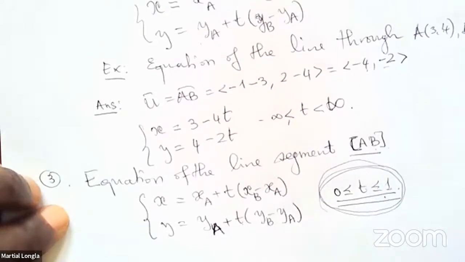Now, in general, for any other curve, you might be asked to find the parametric equations or to exclude t from the parametric equations to obtain what we call the Cartesian equation.